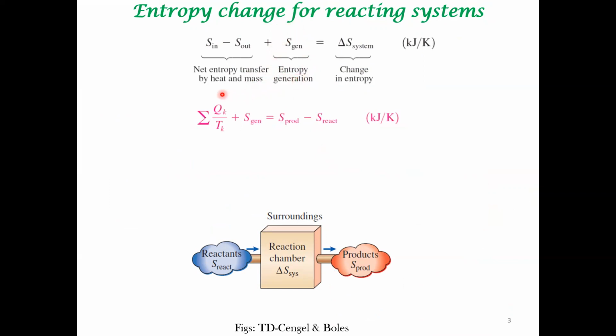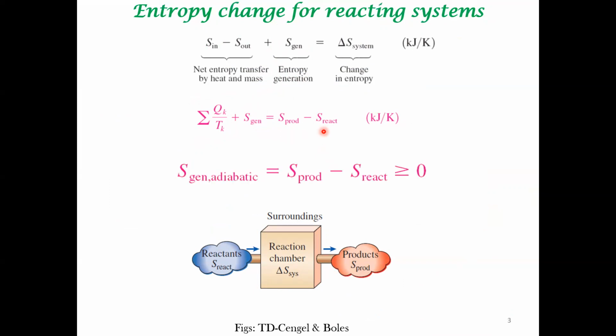So all the entropy transfer terms via heat transfer are accommodated in this term, and there is an entropy generation term, and then there is a delta S of the system, which involves entropy of the products minus entropy of the reactants. Okay, so this is a general balance equation for something that's not a conserved quantity. We wrote a similar equation for exergy too.